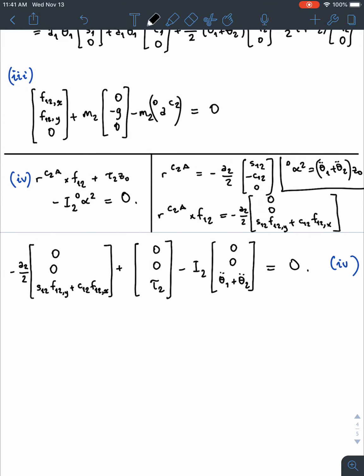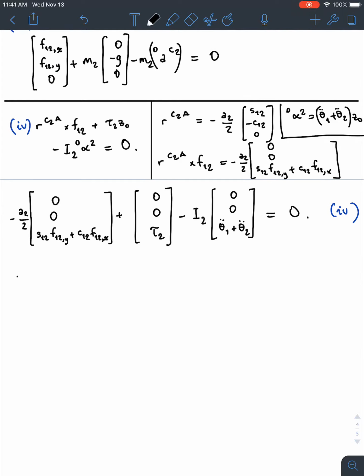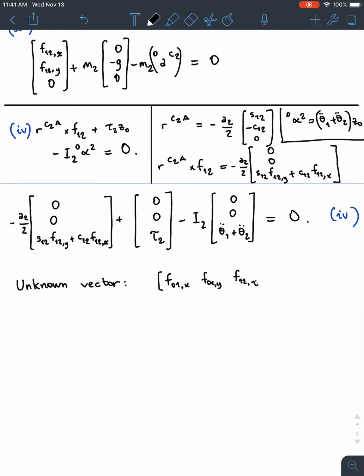Now how do we do that? Well, our unknown vector would consist of f01x, f01y, f12x, f12y, theta 1 double dot, and theta 2 double dot, transposed.